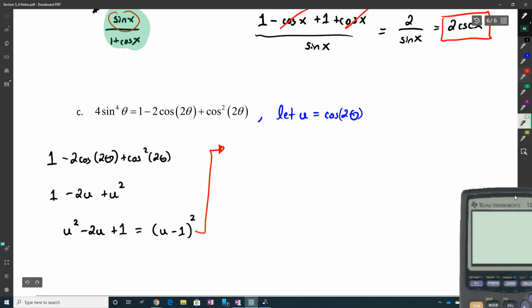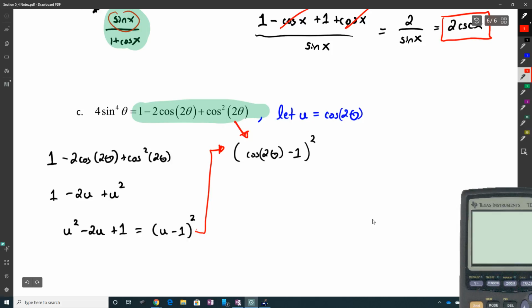So what that means is all of this is just cosine of 2 theta minus 1 squared. Now, if you recognize that it's a perfect square, you can technically go straight from here to here. It's fine. I won't get mad at you. But if you need to do the variable replacement to see that this is something that can be factored, go for it.